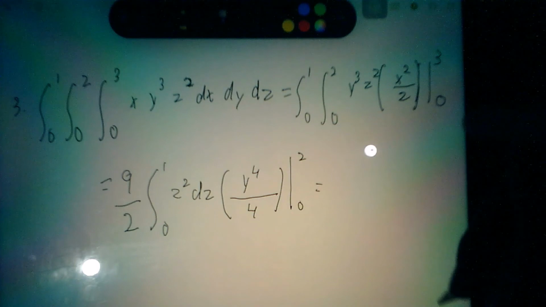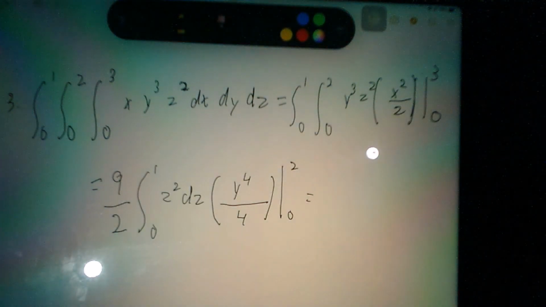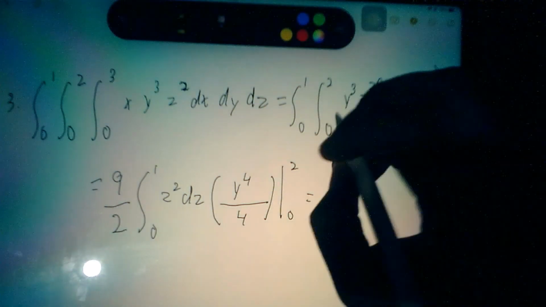So 2 raised to 4 is 2 times 2 is 4 times 2 is 8 times 2 is 16. So 16 over 4 is just equal to 4.